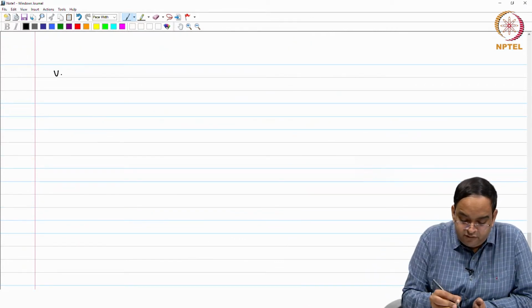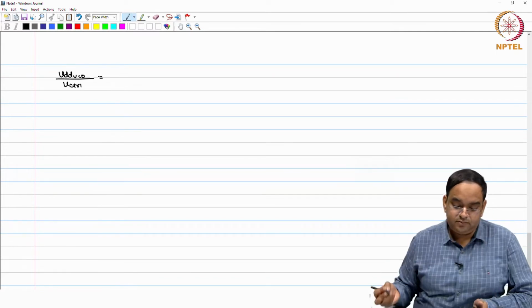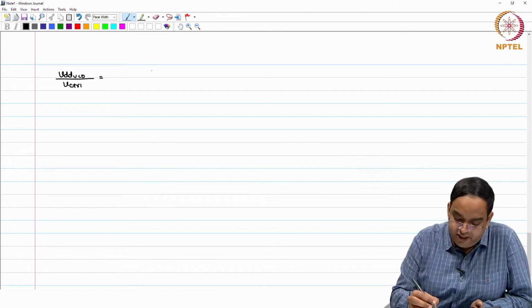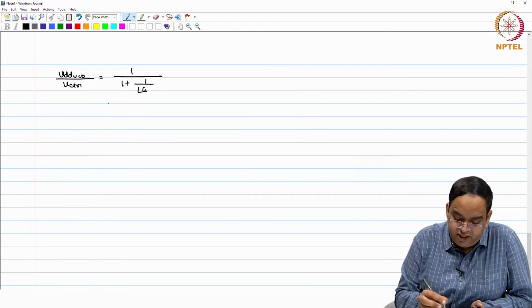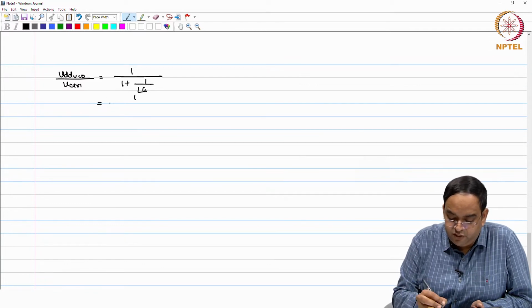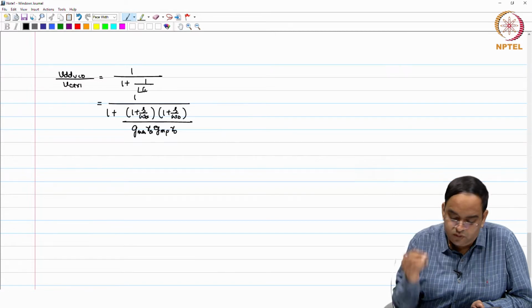So, we have VDD VCO divided by V control, which is loop gain by 1 plus loop gain. So, I can very well write 1 divided by 1 plus loop gain. This is equal to 1 divided by 1 plus S by omega A times 1 plus S by omega O, whole divided by GMA RA times GMP RO.